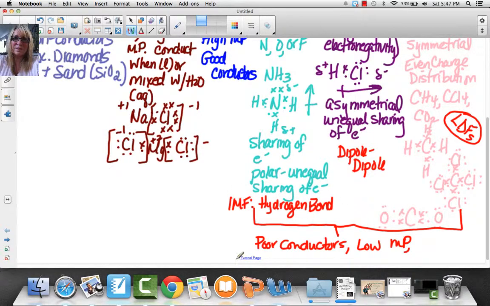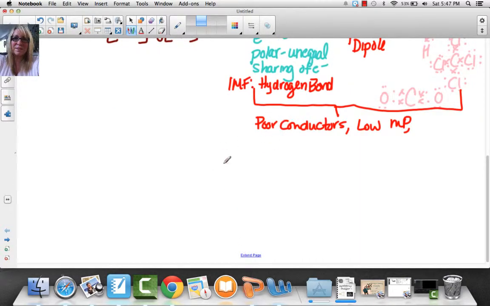Now, if I want to take this one further and give you an example of this, I could. Now, I don't expect you to know how to draw this, but let's say I had 2 water molecules. So the forces that we're talking about when we talk about hydrogen bonds, we're talking about a force between 2 water molecules.